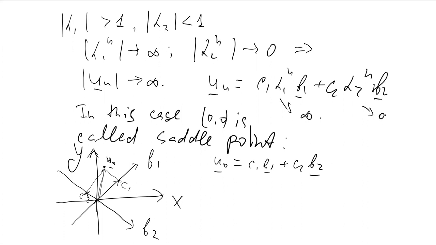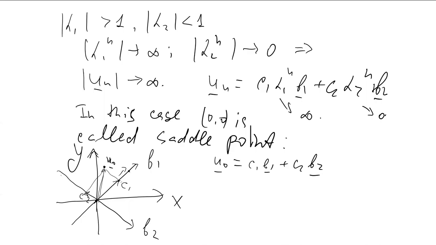And now what happens if lambda 1 is more than 1, then this component will move up.